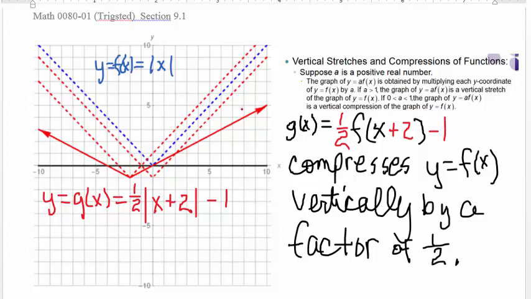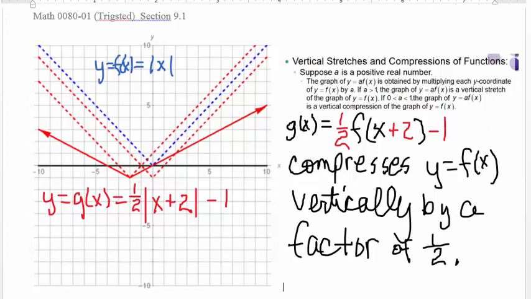So think about taking a can and smashing it down. You're actually compressing that vertically. And so we can see that the effect that has on the graph is that the graph is wider than it was originally. That's the effect the vertical compression has.